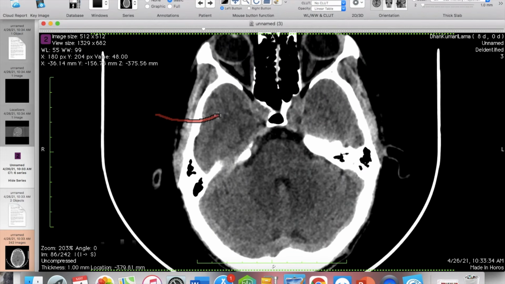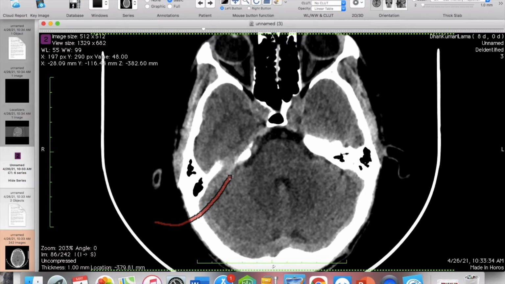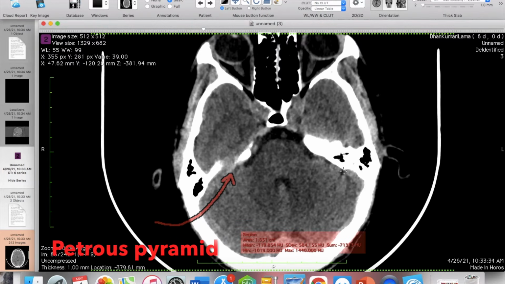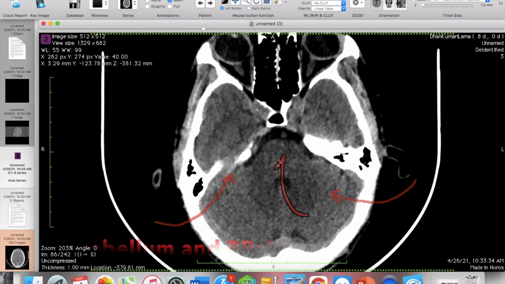And here, the part of the cerebral hemisphere lying in the middle, in between the sphenoid bone anteriorly and the petrous pyramid posteriorly, is the temporal lobe. And the part that lies posterior to the petrous pyramid is the posterior fossa, and it contains the cerebellum and the brainstem structures.